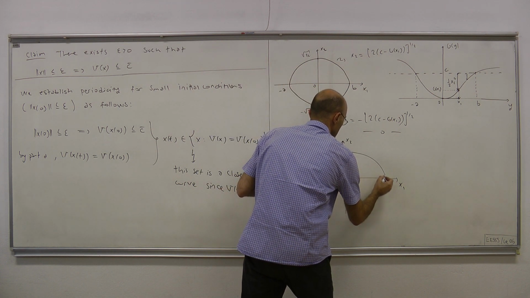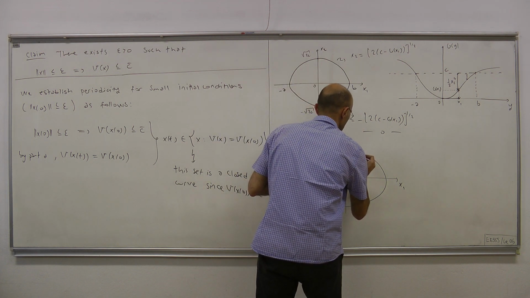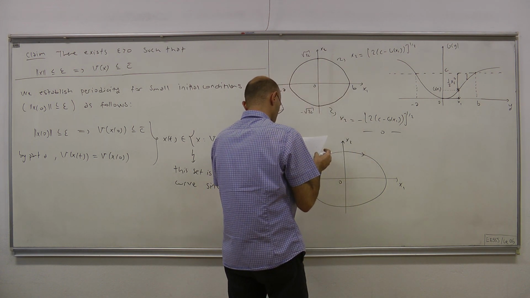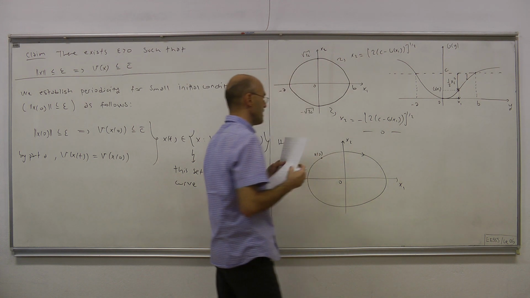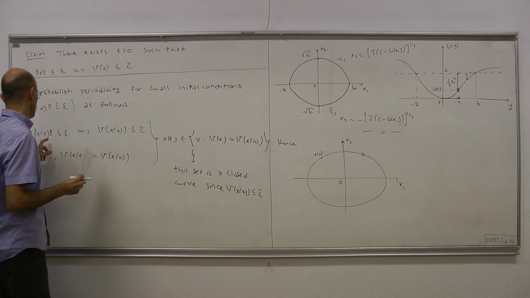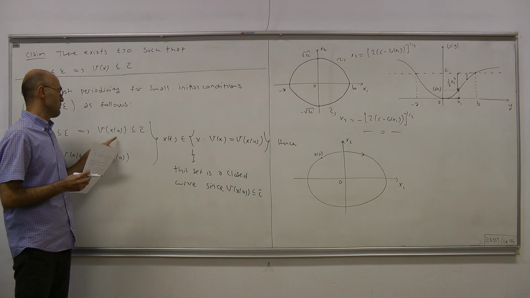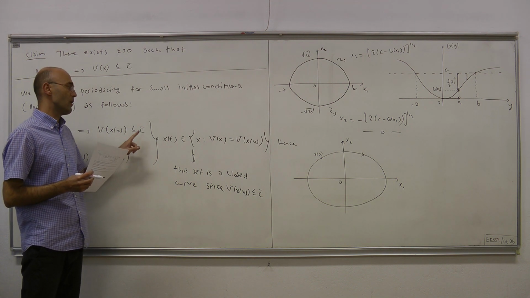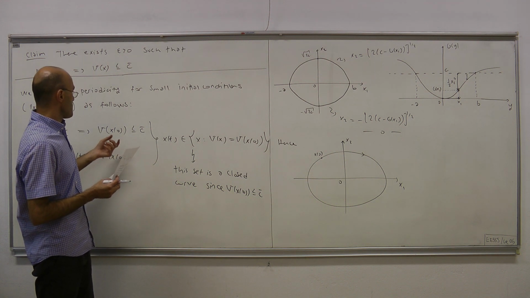And now you started, let's say, from some initial condition, x0, and x0 is small enough, less than or equal to epsilon, and that gave us v of x0 less than or equal to c bar.